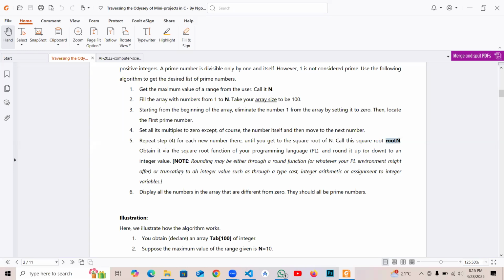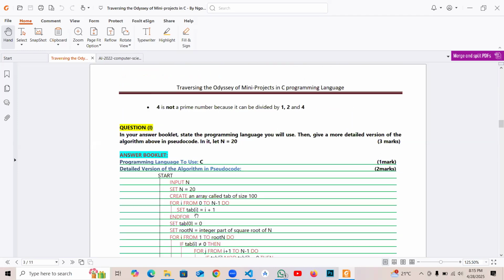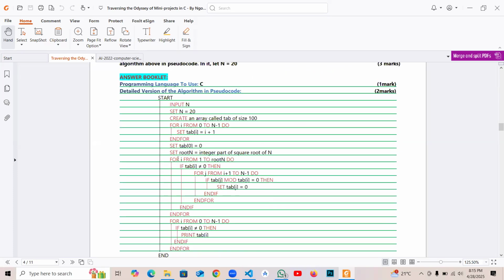And they said we should make sure that we truncate it to have an integer value. So in my algorithm, I said set the root n now to be the integer part of the square root of n, not the other part. Good.